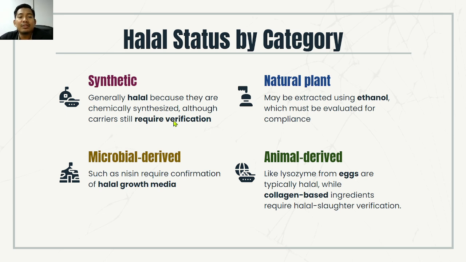The carriers, for example, the extract, the encapsulation, etc., we have to check to verify the status. If it is from natural plant, it may be extracted using ethanol or even any non-halal chemical. So the same goes for synthetic. We have to verify the process.